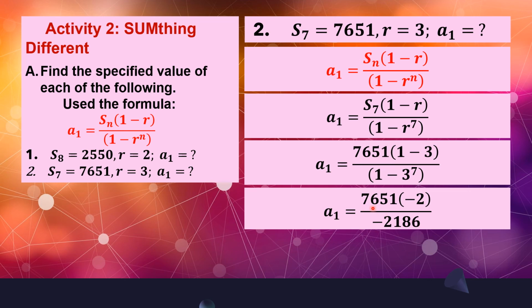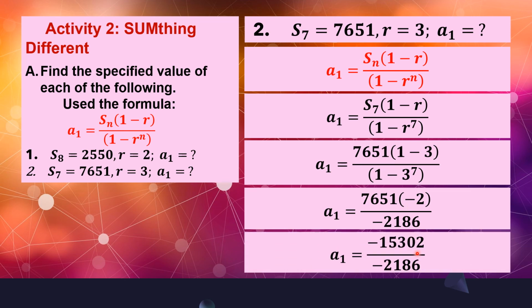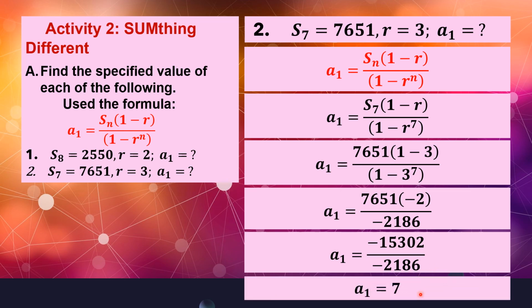Multiplying 7,651 to negative 2, it is equal to negative 15,302 over negative 2,186. Negative 15,302 divided by negative 2,186 is equal to positive 7. Thus, our first term or a sub 1 is 7.